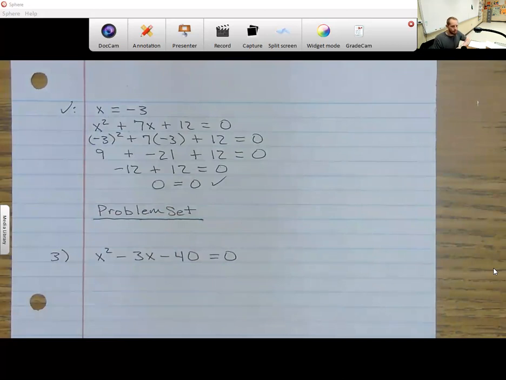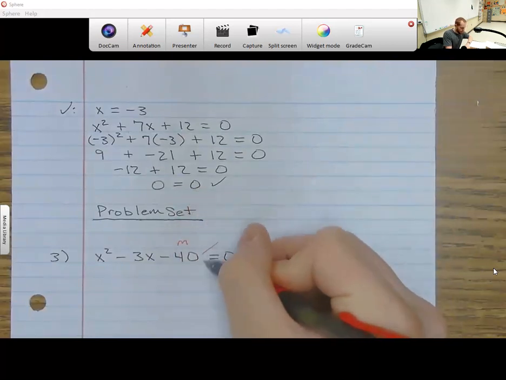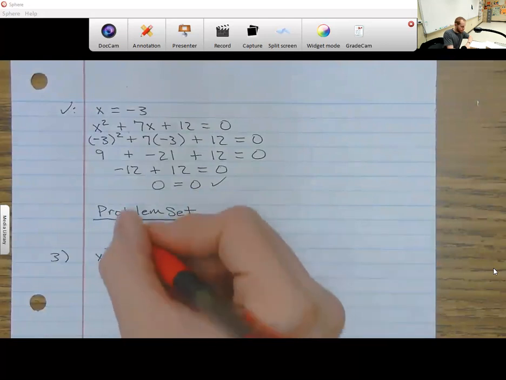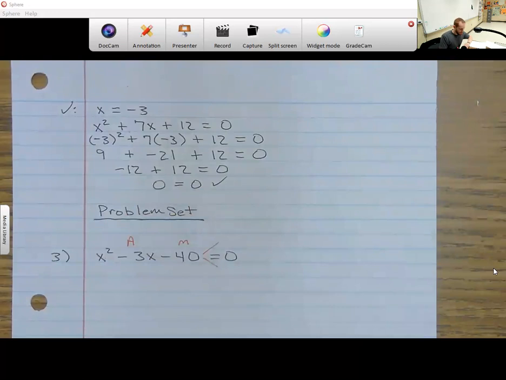And I first start off by seeing if I can factor it. So once again, I'm trying to find those two numbers that'll multiply to negative 40. They got to multiply to negative 40, but they also have to add up to a negative 3, right? So what two numbers will do that?